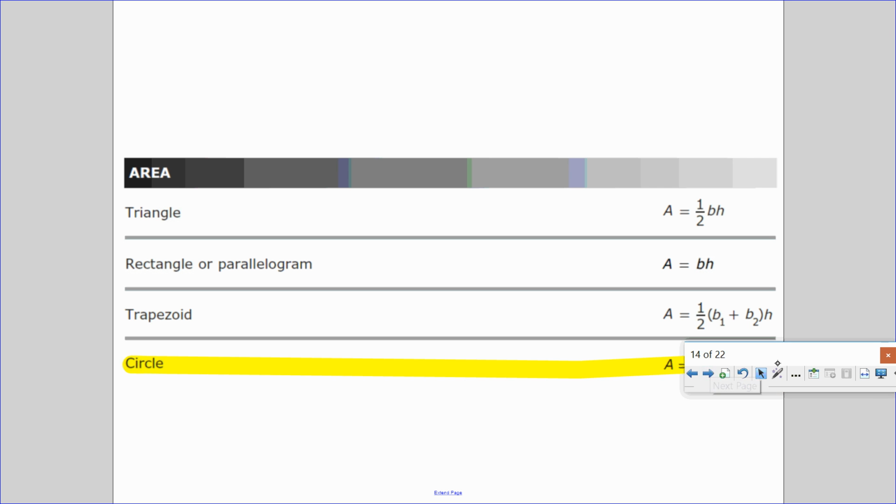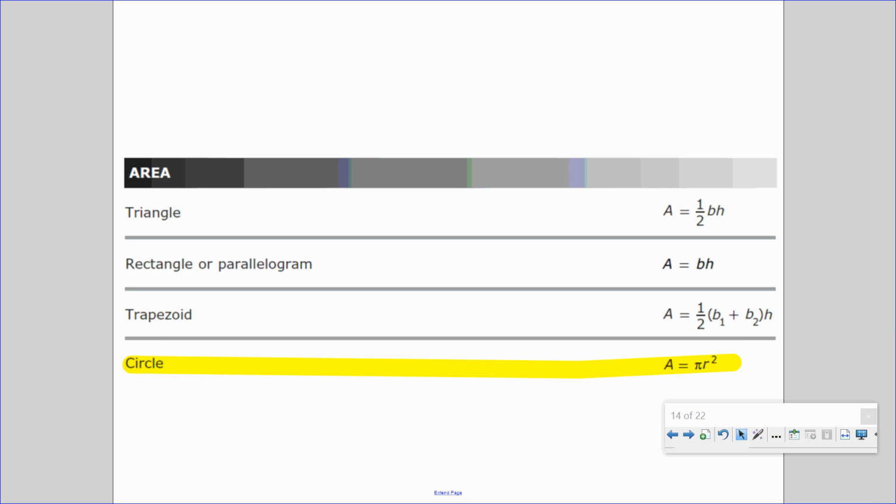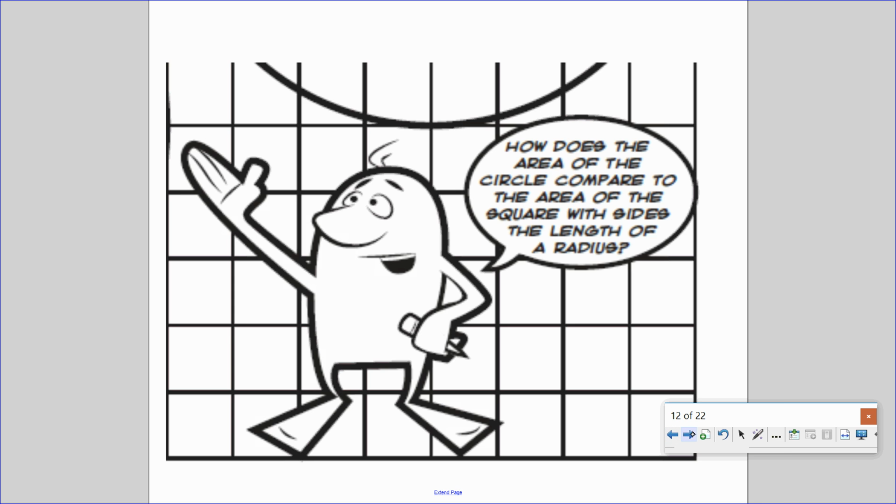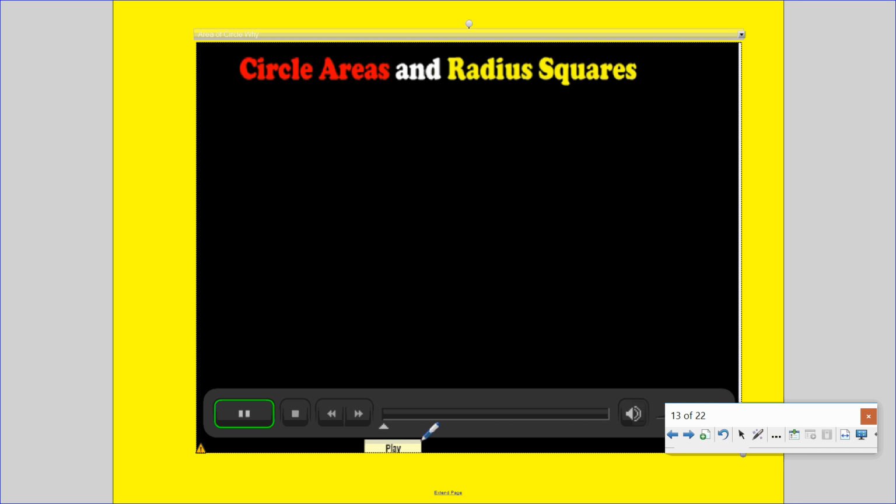And that gives us our formula as to why area of a circle is pi times radius squared. So area equals pi radius squared, which is pi times radius times radius. If you look at the simulation, they had a full square, radius times radius, and how many of those squares in this?